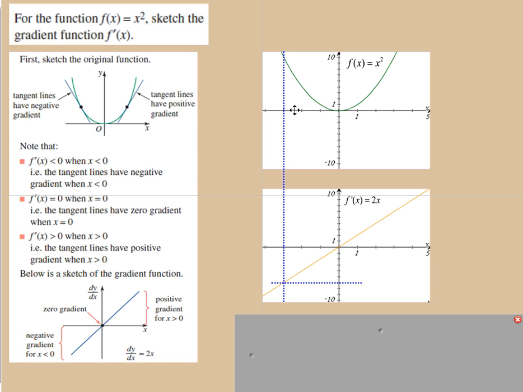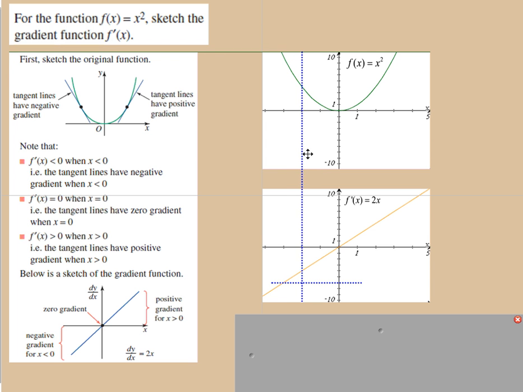If we take this particular point here, its gradient graph is saying that at x equal to -3, reading off on the graph, its gradient is -6. If I move that line in a little closer, imagine there's a tangent at the point -2. At -2, we expect the slope to be -4, and moving up to here, it reads off that the gradient is -4.